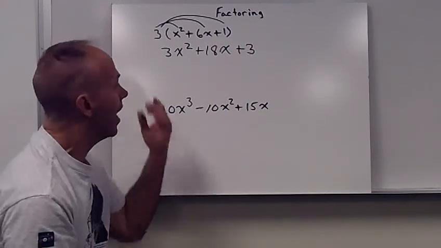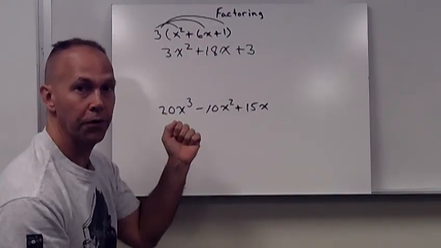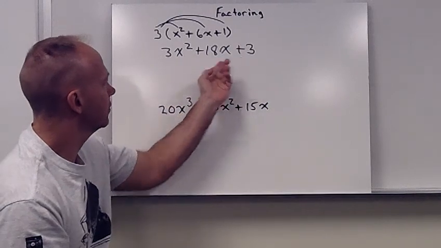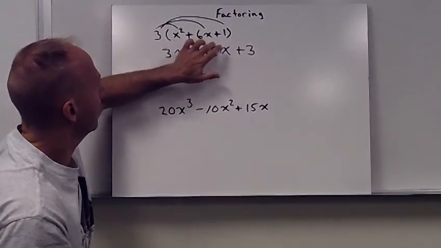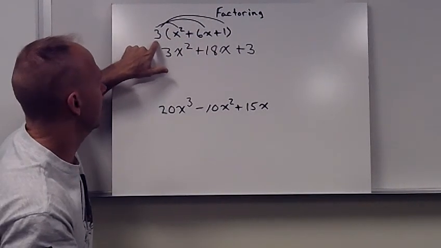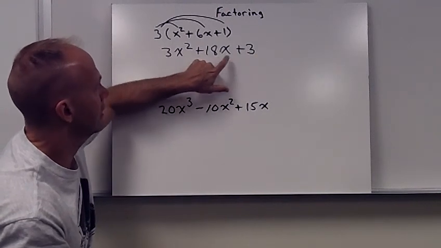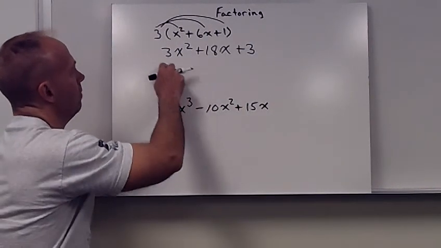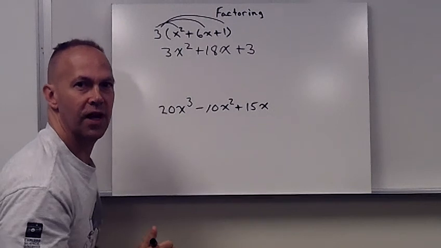So that is multiplying a monomial term times a trinomial. Factoring would take this 3x squared plus 18x plus 3 and rewrite it into 2 factors like so. We say that 3 is the greatest common factor of 3x squared plus 18x plus 3. So this process of working backwards here is called factoring out the greatest common factor.